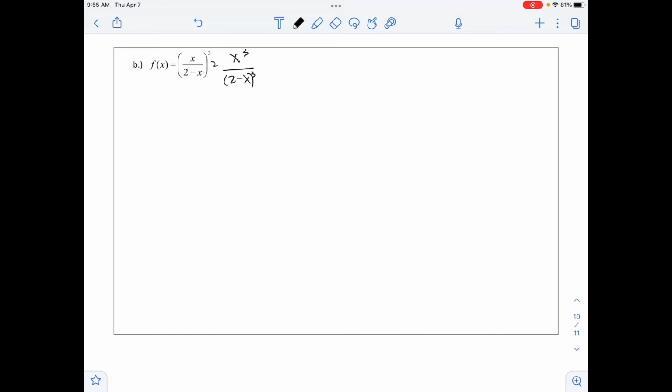But to figure out what to rewrite this as for my power series, I'm going to think about taking the x cubed out, to make this look more like a power series, and have x cubed times 1 over 2 minus x raised to the third power. And just consider this part that we have in the parentheses, which is 1 over 2 minus x.